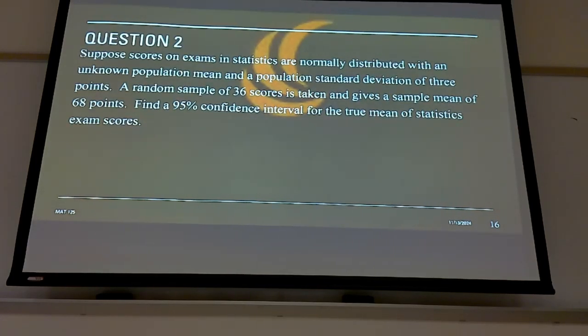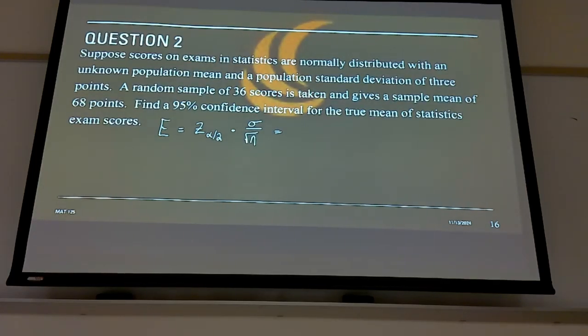Same question, except now we want a 95% confidence interval. So we again want the margin of error. So the alpha over 2, what does that mean?